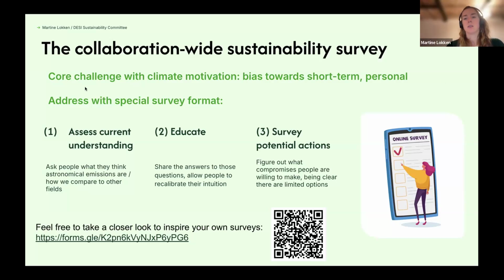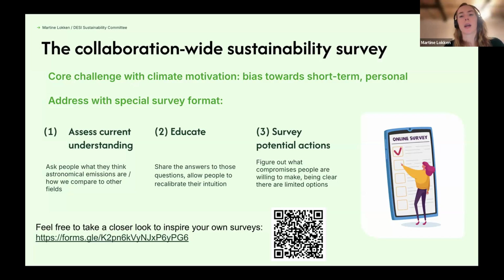So the problem is, in general, with surveying things related to climate motivation, people tend to have a bias towards short-term goals and problems and very personal goals and problems, and sometimes aren't giving the climate issues the weight that they deserve. And so what we started with was first doing a little assessment of people's current understanding with questions like, how much do you think astro research infrastructure contributes compared to other fields?